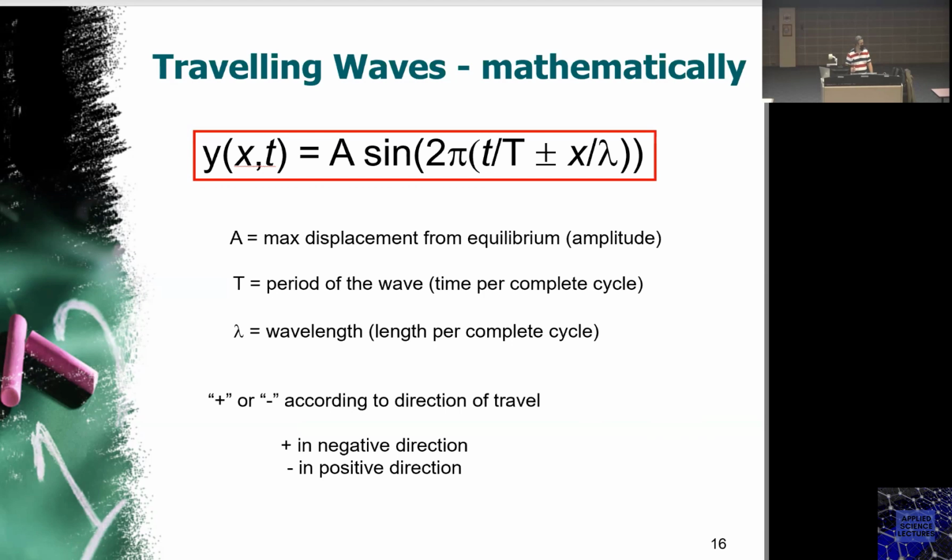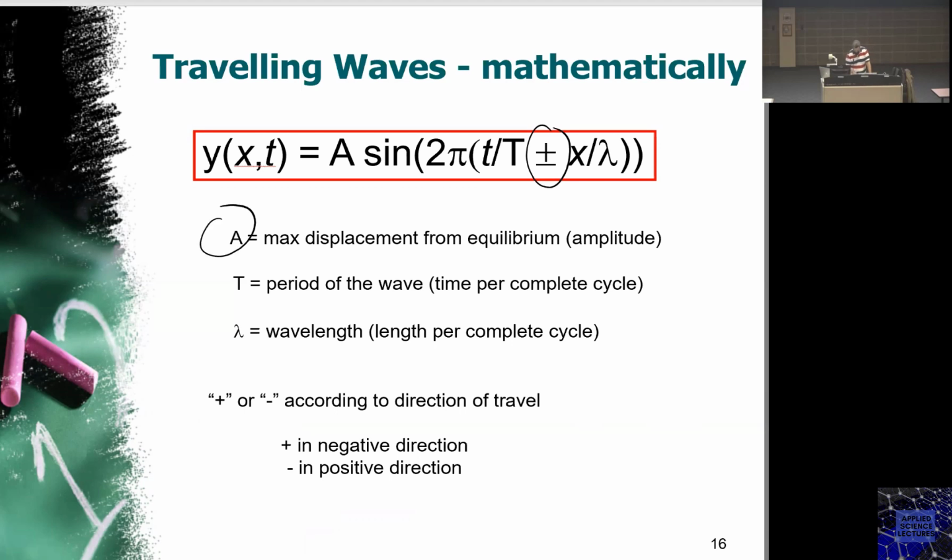It represents a wave that is propagating in the positive direction and also in the negative direction, so we have here the plus minus. Keep in mind that if a wave is traveling in the positive direction, then the sign should be negative. If the wave is traveling in the negative direction, then this sign should be positive.